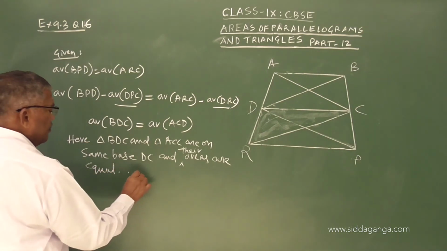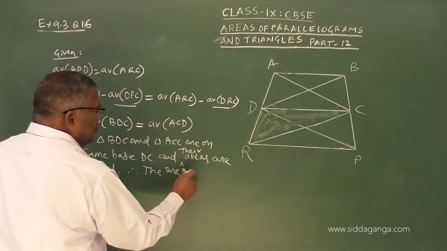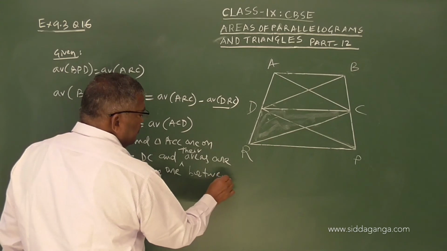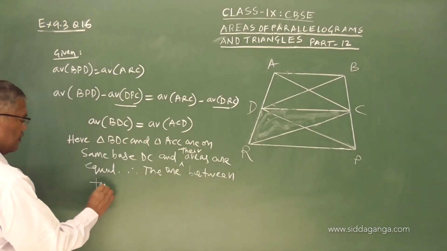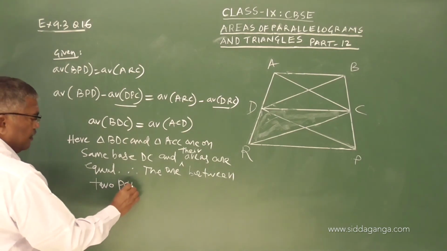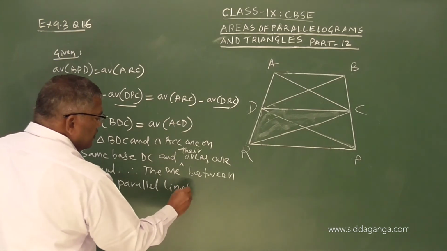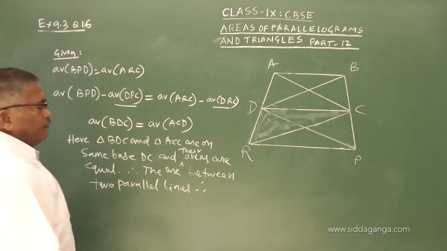So, therefore, they are between two parallel lines. Therefore, we can say DC is parallel to AB.